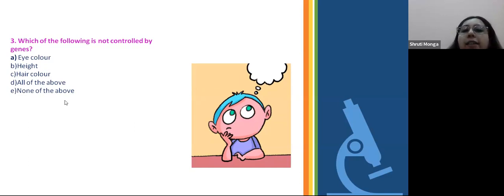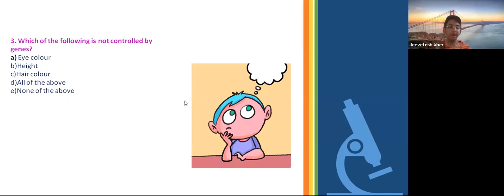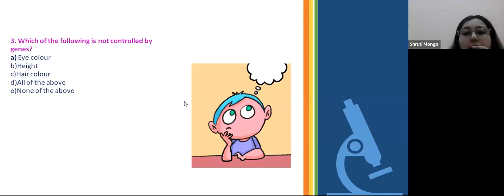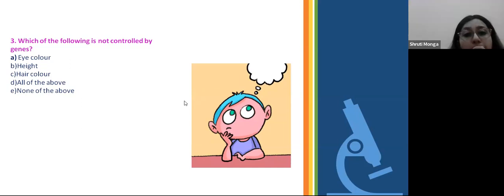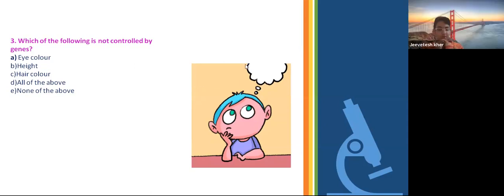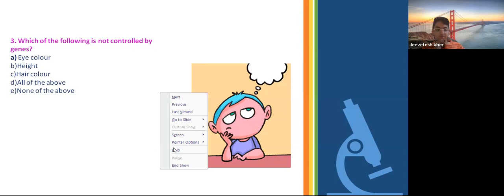Everything, eye color, height, hair color, all these are governed by genes. But height is governed by the pituitary gland, which releases the growth hormone. So how is it connected to genes? Who will tell me?